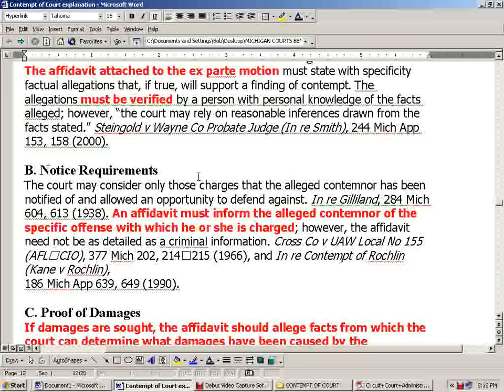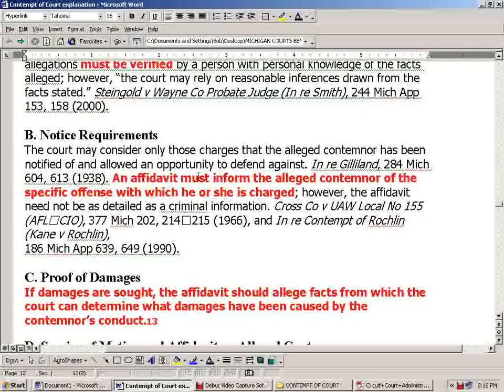Okay, so you get the idea, right? You have to do an ex parte motion for a contempt of court hearing based on the evidence supplied in an affidavit and any other evidence you might have, like a certificate from the Secretary of State that says the plaintiff doesn't exist.